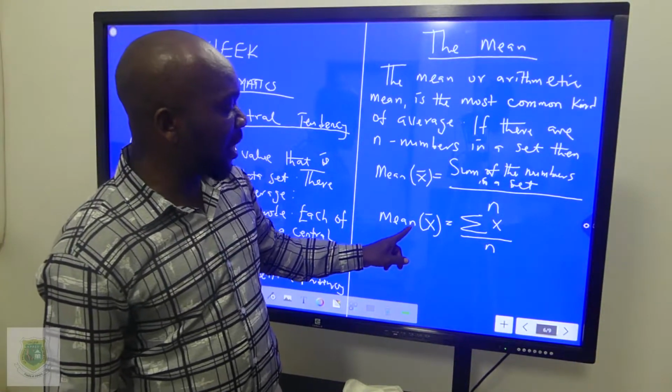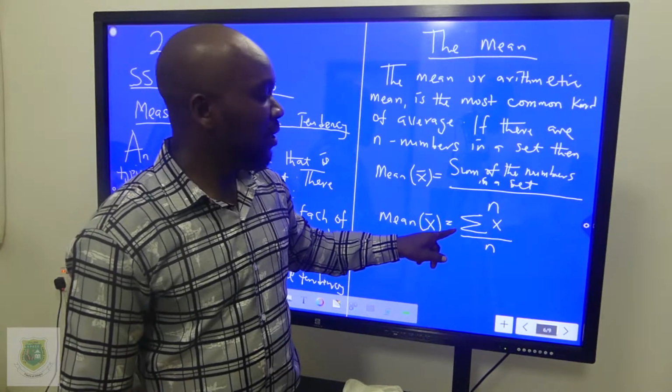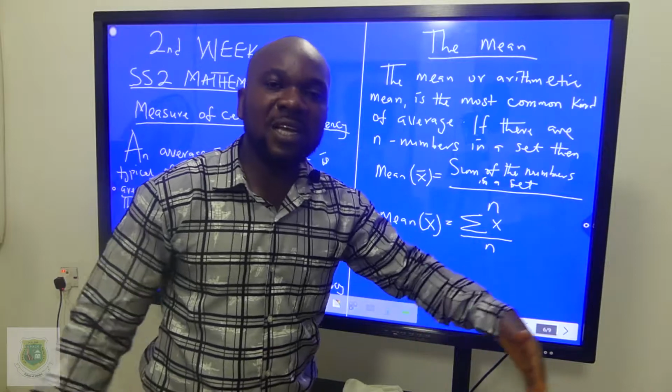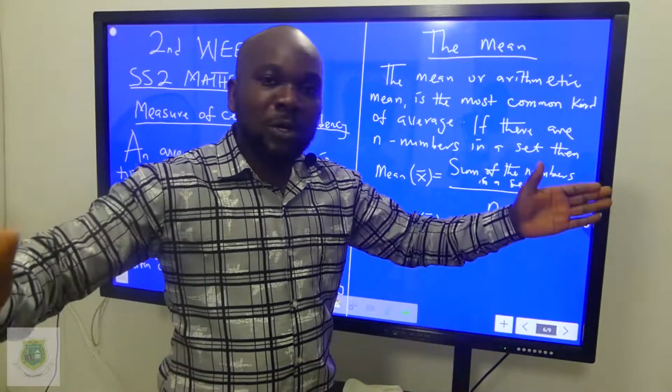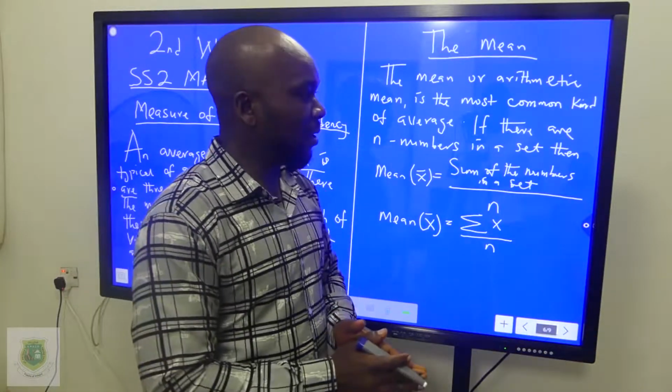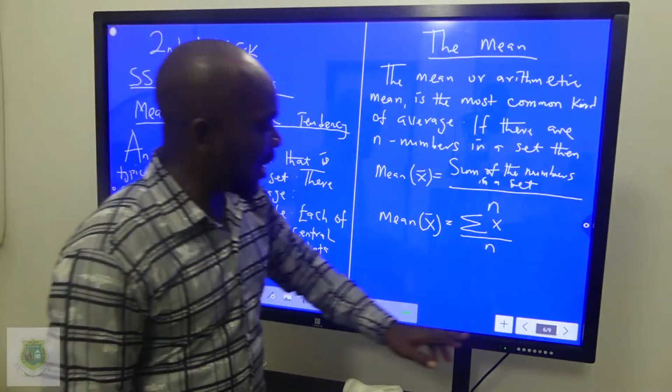Mean, abbreviated as x bar, equals summation. Summation means addition. When you add all of them, you divide by their number. Let us look at the example.